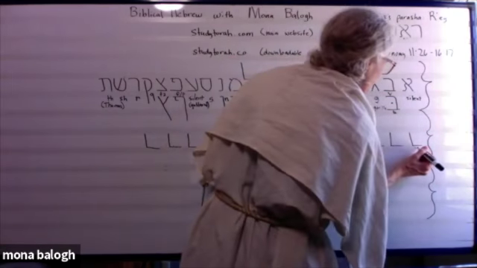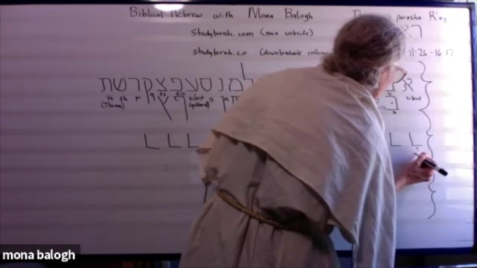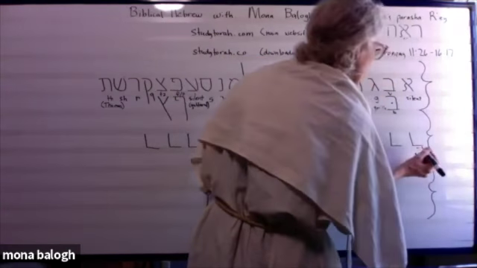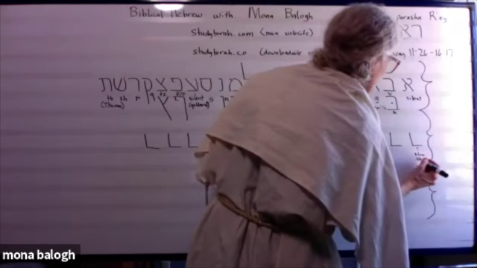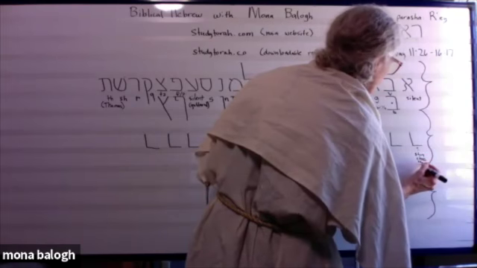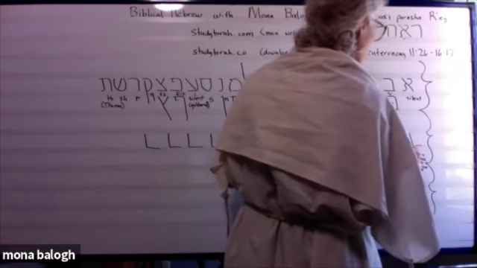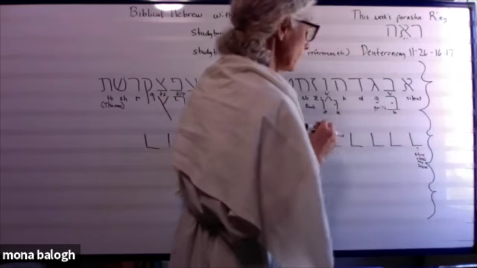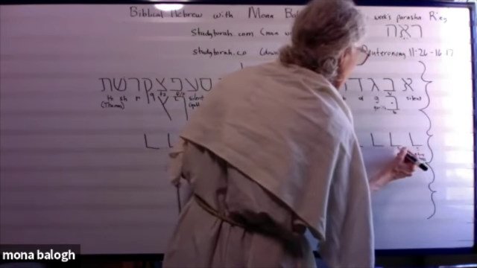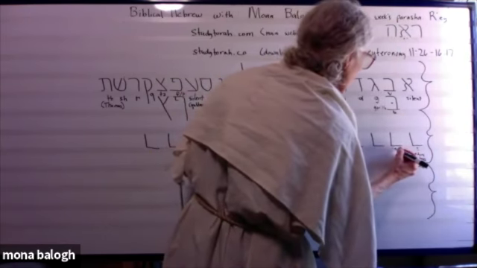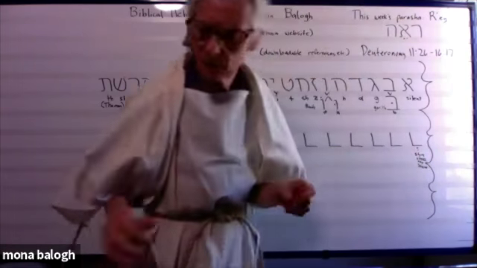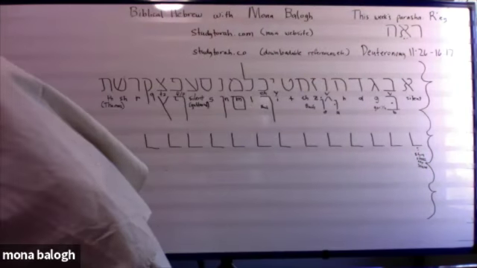The first vowel that we are learning is shva. The shva just stops the sound. So if this were a lamed with the shva, it would be l. The next is, let me just put this right here.